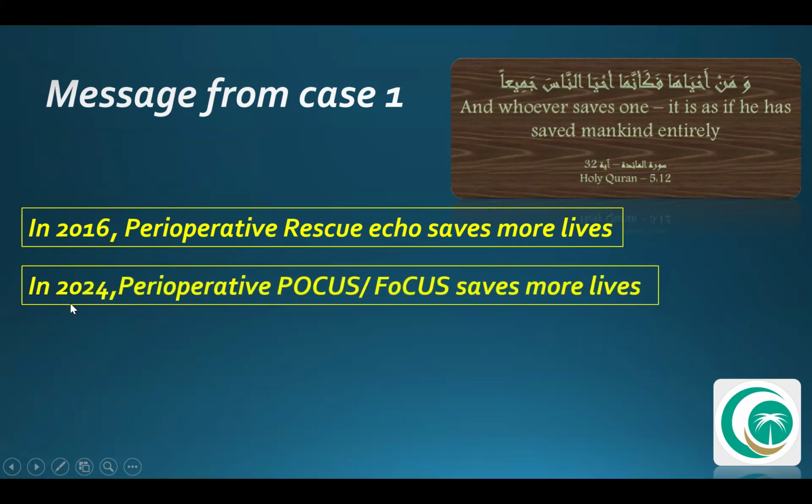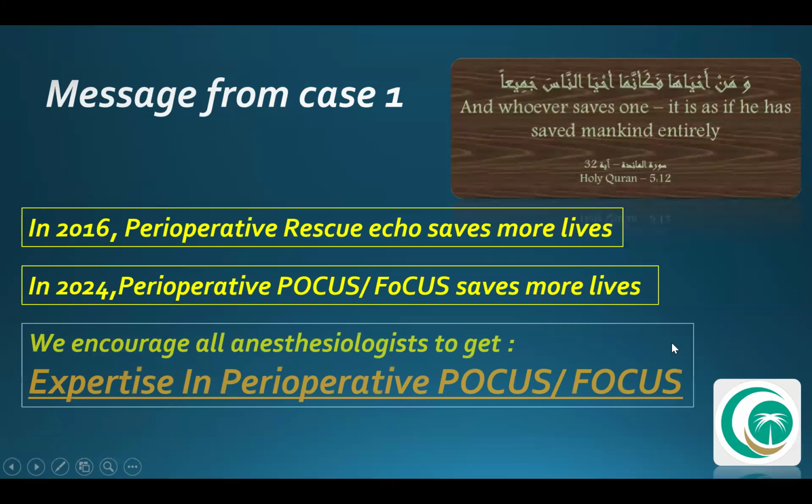And in 2024, we can broadly conclude that perioperative point of care ultrasound, POCUS, and focused cardiac ultrasound as a part of it, saves more lives. So the central message is that we encourage all anesthesiologists to get expertise in perioperative POCUS or focused echo.